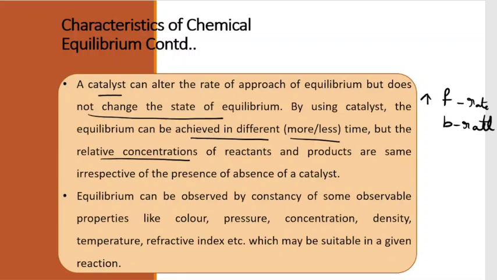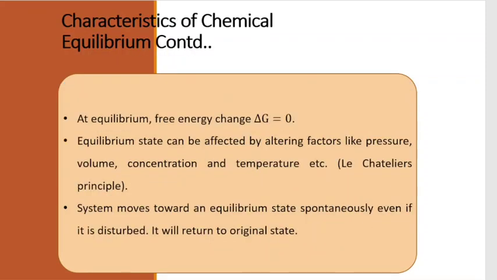Anyhow, we know already about the parameters which are constant, which do not change at equilibrium. They are nothing but color, pressure, concentration, density, temperature, refractive index, etc. Right? And let us see some other characteristics here.